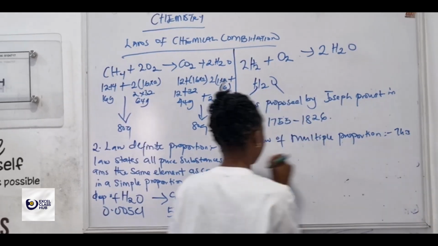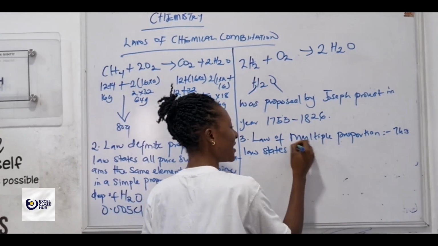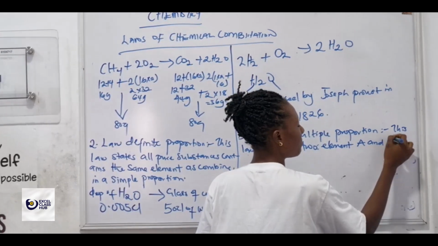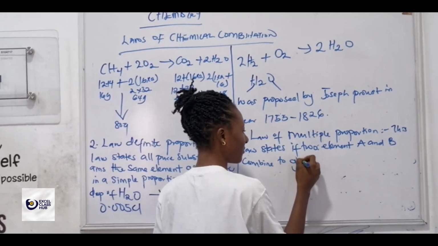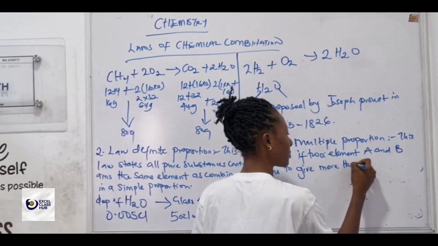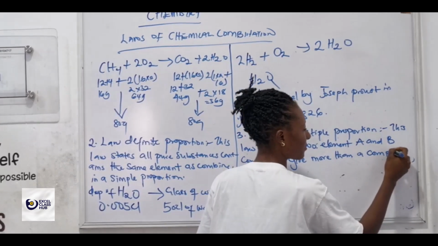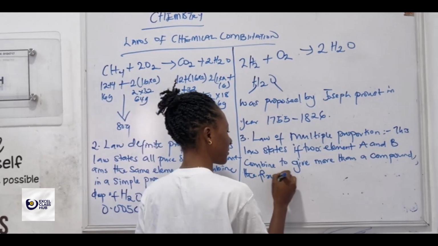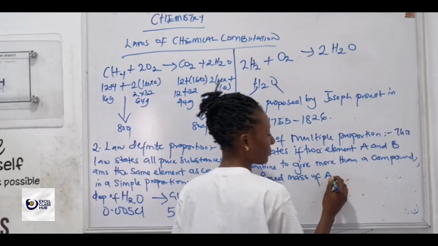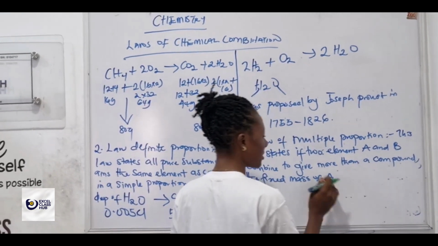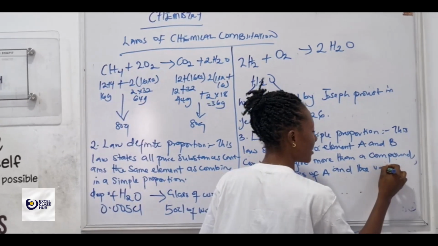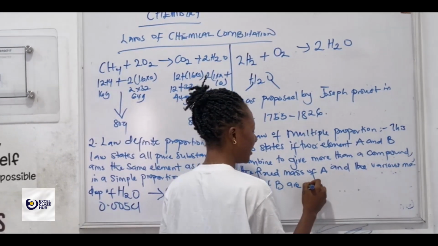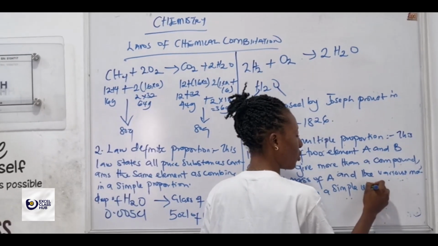This law states that if two elements A and B combine to give more than one compound, if the fixed mass of A is the fixed mass of A, the various masses of B are in a simple whole ratio.